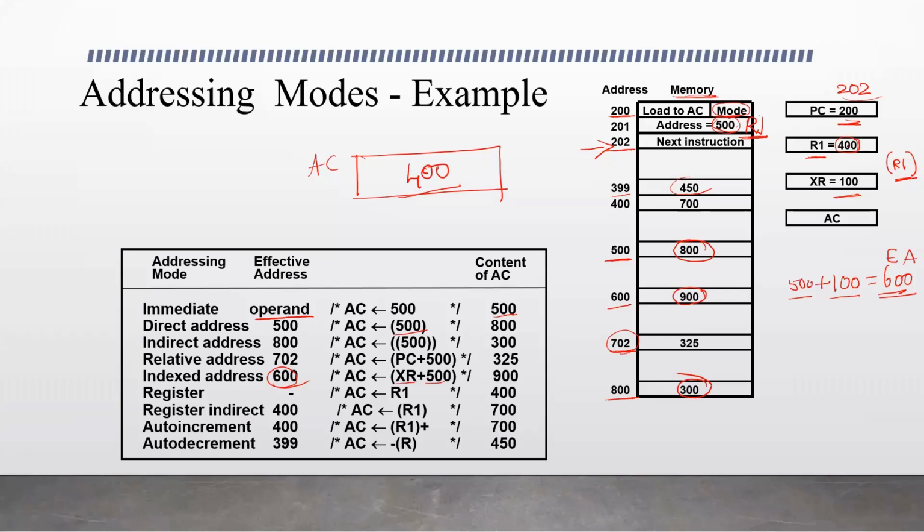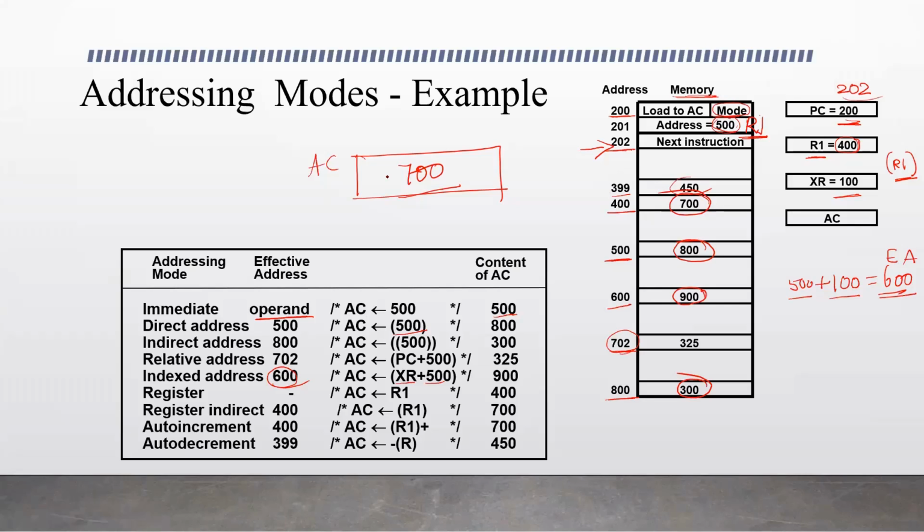What is the content of R1? It is 400. So this is not the operand, this is the effective address of the operand. So in memory, we locate 400. At location 400, we have the data 700, so we move this 700 to the accumulator. After the execution of the instruction, when the addressing mode is register indirect, the accumulator will have 700.